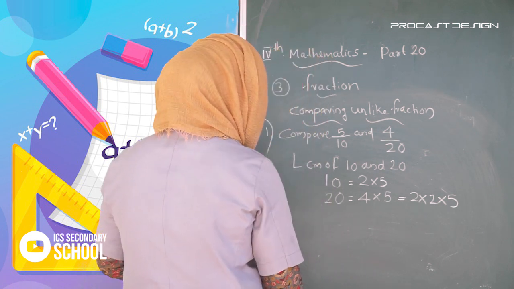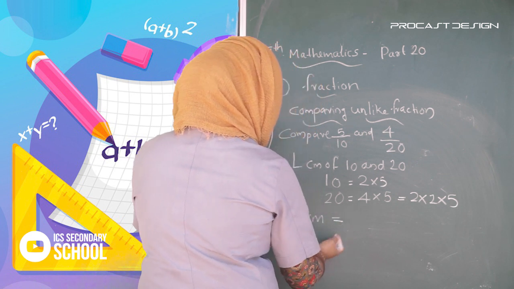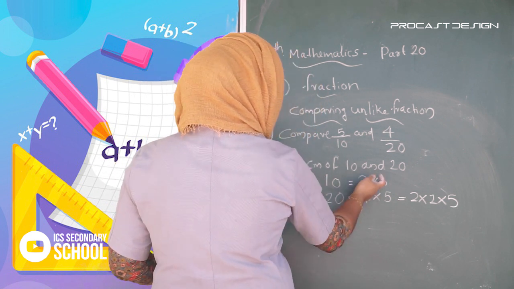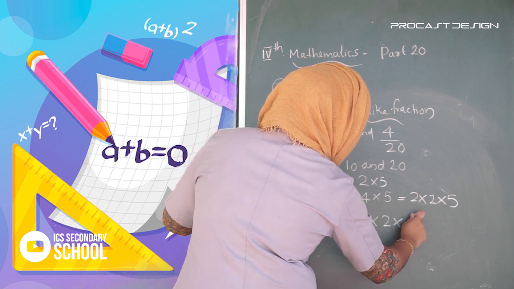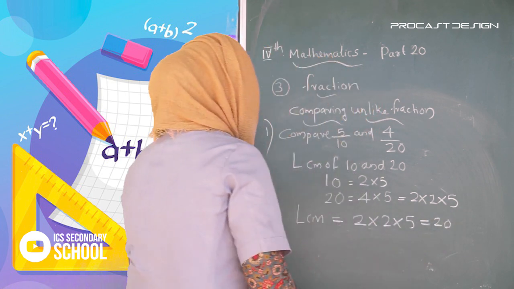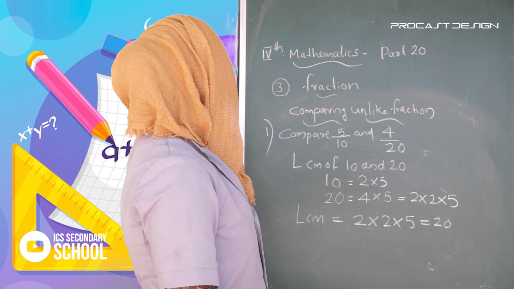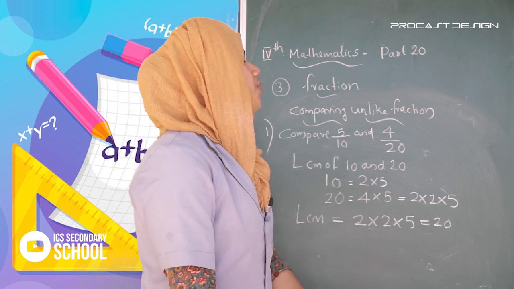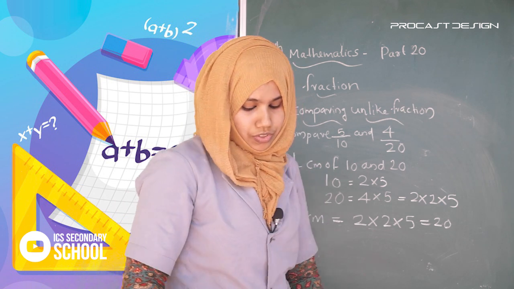So what is the LCM? LCM is the maximum occurrence of the numbers. Here 2 occurs a maximum of 2 times, then next is 5. So 4 into 5 is 20. So 20 is the denominator. Now find the equivalent fractions with the LCM as the denominator.